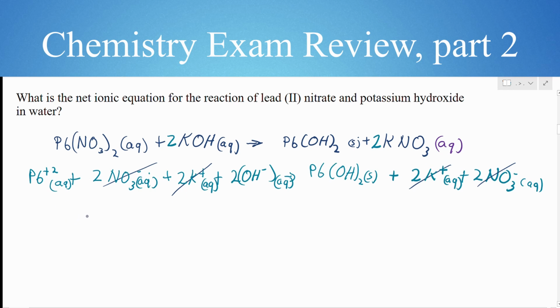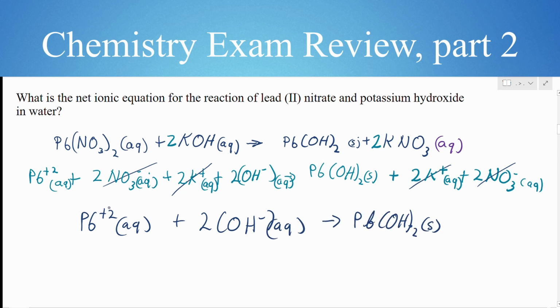Notice, however, that lead and the hydroxide do not appear the same on both sides. On the left side, Pb2+ appears, and on the right side, Pb is combined with OH twice. So this right here, the equation that doesn't have the spectator ions, is called our net ionic equation.